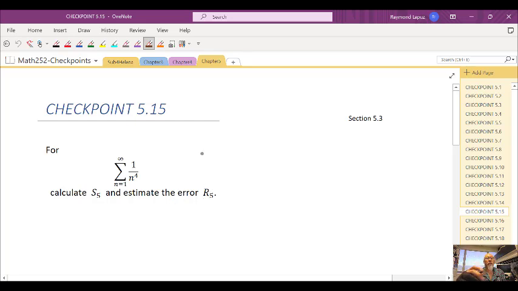Just a couple of notes: this is a p series, and the p series converges for p bigger than 1. Here p is equal to 4, so we know that the series converges.